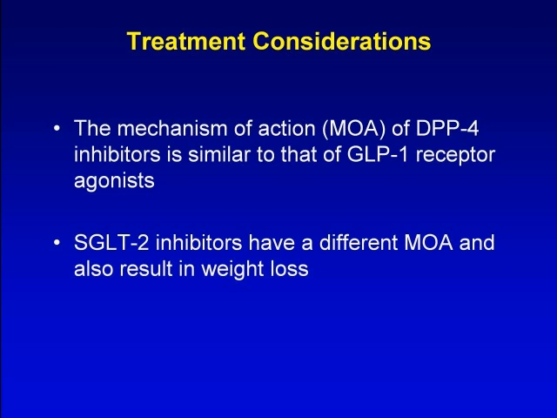In this scenario, we cannot actually use DPP-4s because they kind of have a similar mechanism to GLP-1s. And so ideally, SGLT-2 inhibition would be a different mechanism, being the excretion of glucose to help with the glycemic control.